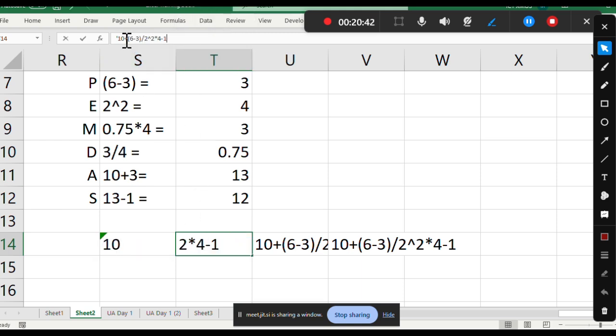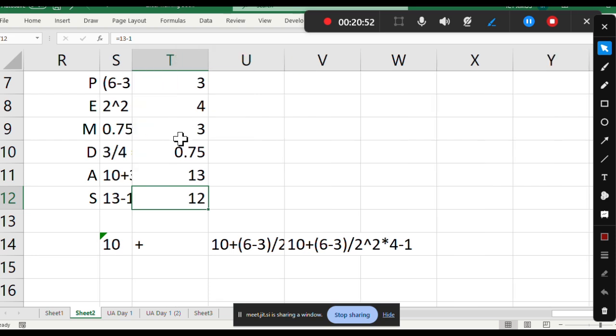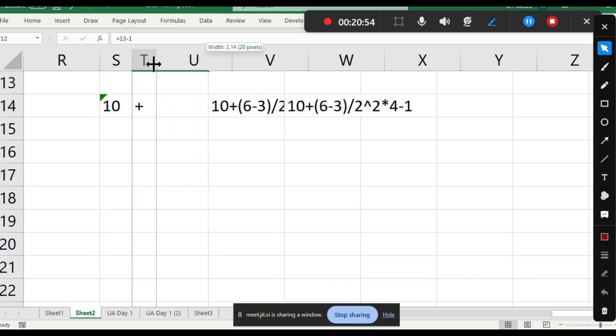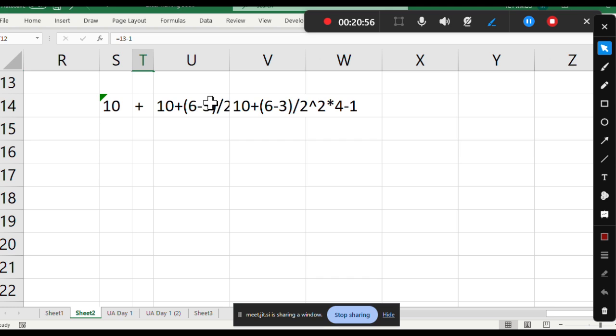Then this one is a plus 7. So 10 plus parenthesis.